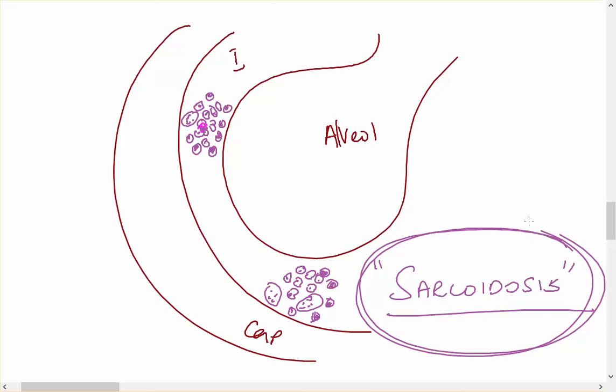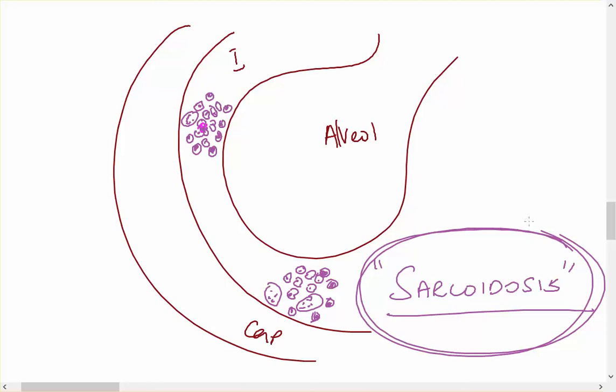Please, anyone, come forward and tell me the mechanism of granuloma formation. First, macrophage is stimulated. Macrophage releases what? Anyone from this side? Interleukin 12, mashallah. Then interleukin 12 stimulates what cell?